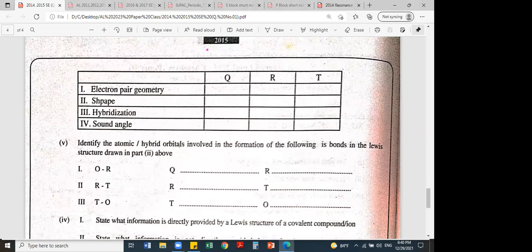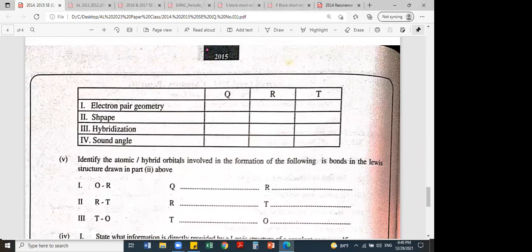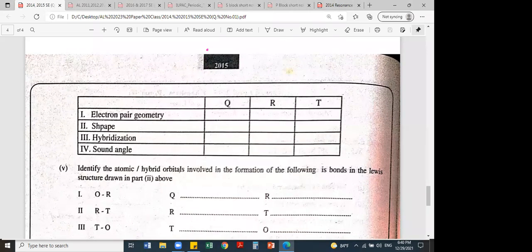This is based on the most acceptable Lewis structure. Again, they don't tell you this is based on the most acceptable one, but anyway, if your most acceptable Lewis structure goes wrong, all this will be wrong. I'll quickly draw it again, then you can quickly refer to this and do it. Oxygen, then nitrogen, then sulfur, oxygen.